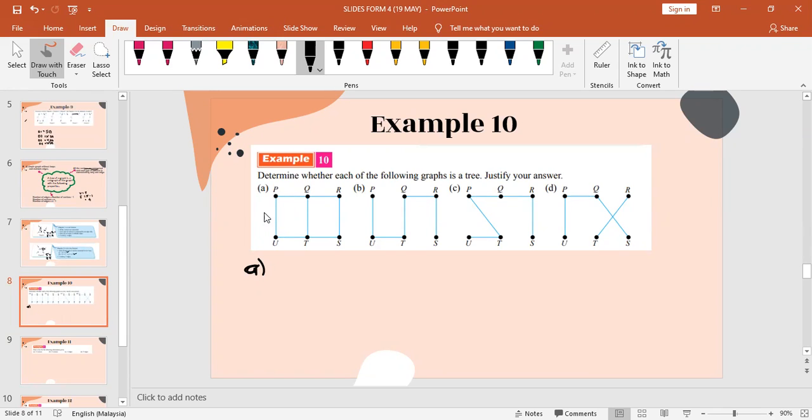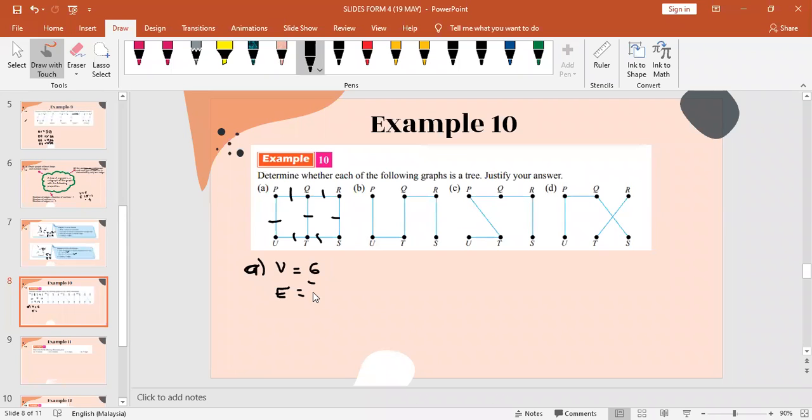Firstly, kalau nak macam senang, one of the easiest way is just to count the number of vertices and number of edges. How many vertices for A? Berapa vertices? Six. For A, we have 6 vertices and edges, 1, 2, 3, 4, 5, 6, 7.